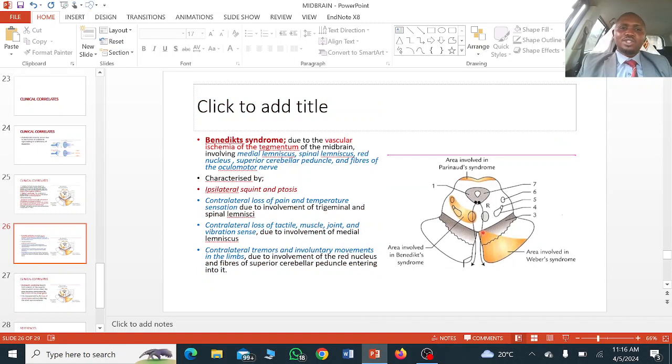So we will talk about another midbrain syndrome called Benedict's syndrome, and this is the area here which is involved in Benedict's syndrome.